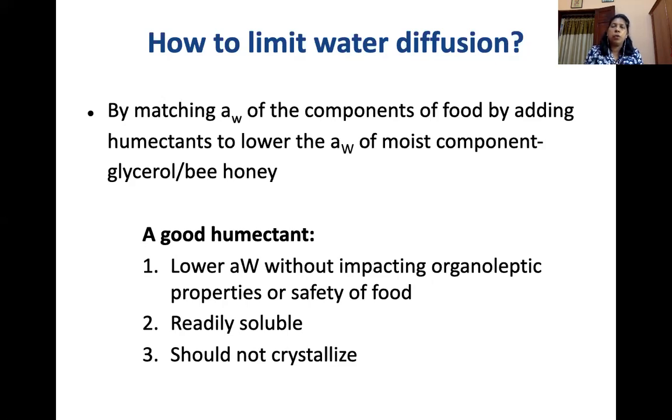Therefore, the three points for a good humectant are mentioned here: it lowers water activity without impacting organoleptic properties or safety of food, it is readily soluble, and it should not crystallize. But sometimes when we add sweet-tasting sugars, they give a sweet taste. We have to maintain the product quality, not produce too much sweet taste, but a sensory-acceptable taste is all right.